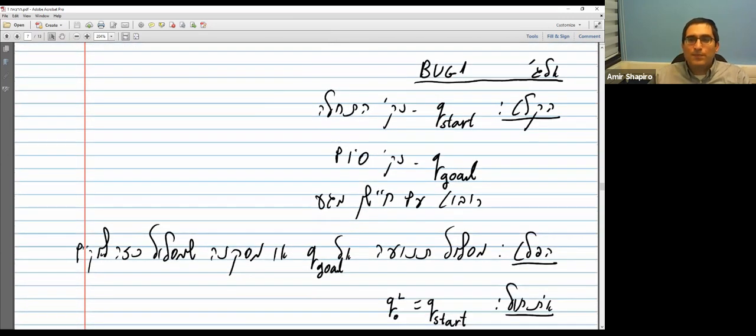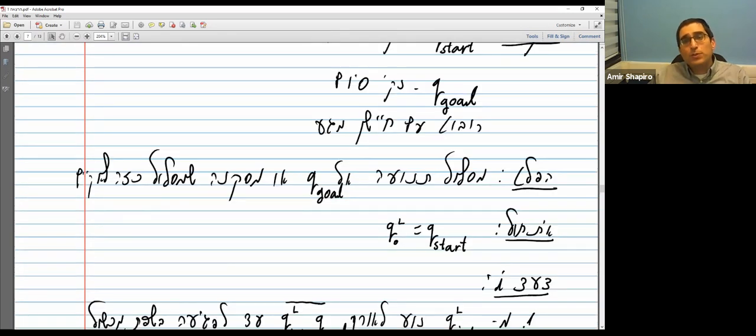that plans the motion from one point to another along this space. It's very simple. Algorithm bug1 takes as input the start position and the goal position, and it gets also a robot with a touch sensor and a position sensor. And the output is a continuous path from the start to the goal, or a conclusion that such a path does not exist.